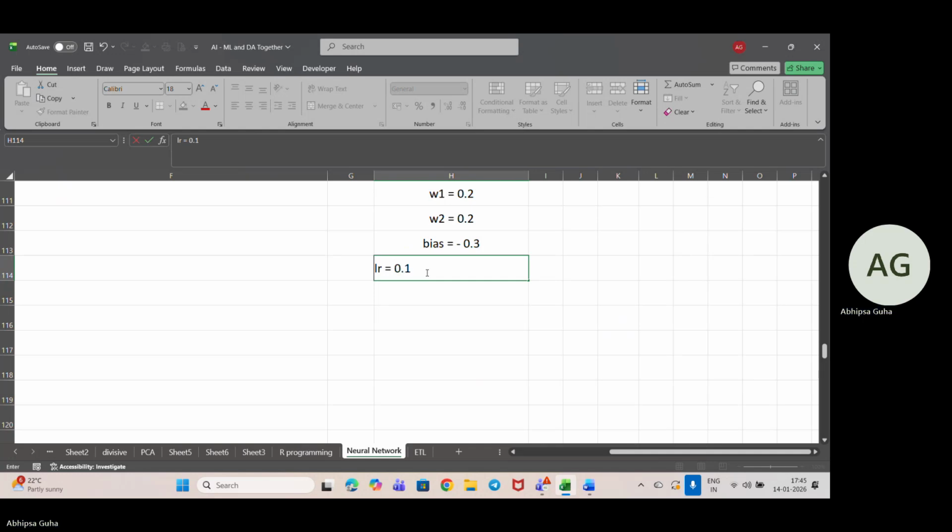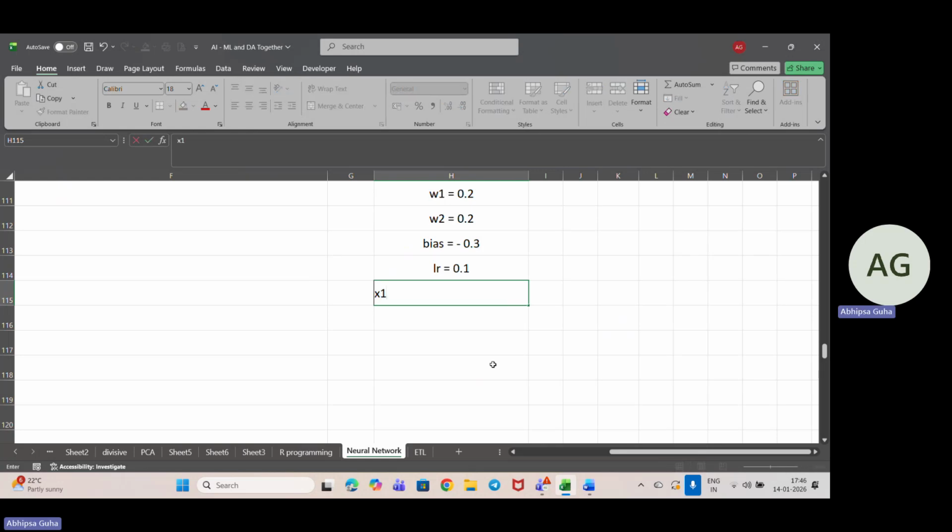Okay. Now basically my values for the input: x1 is 1, x2 is 0, target is 0.